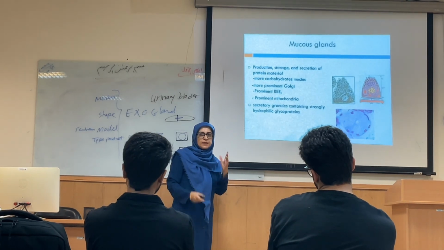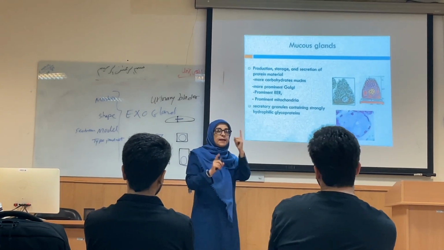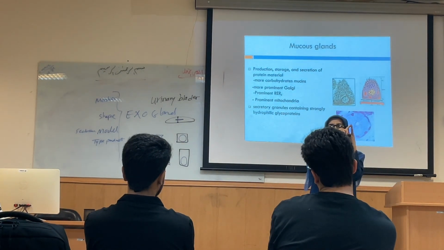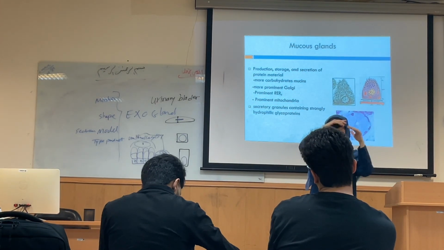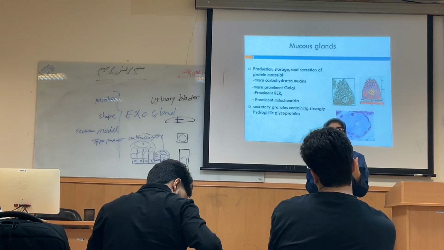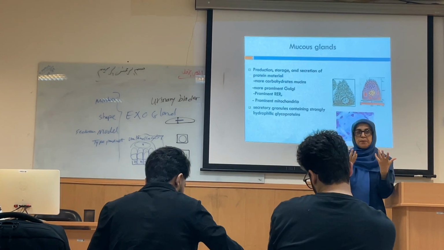The difference between them: serous cells have a basophilic round nucleus close to the basal part, not at the bottom of the cell, and this basophilia gives a purple color.